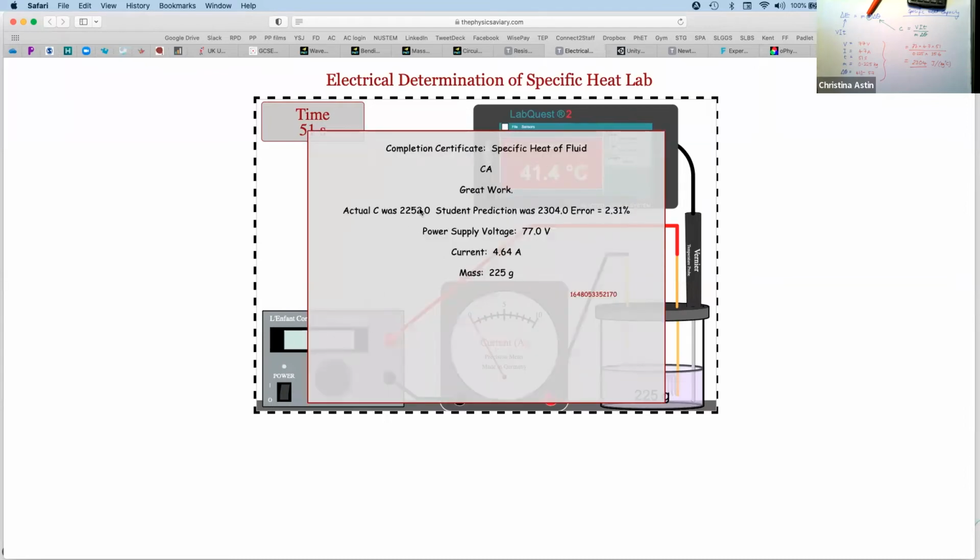Great work. Hey, the actual one was 2,252. Okay, my error was 2.31%. Oh, well, that's not too bad. So you could ask your students, for example, to screenshot that, couldn't you, with their real name in full.